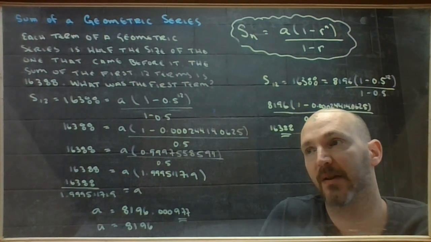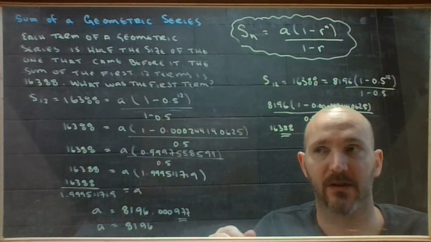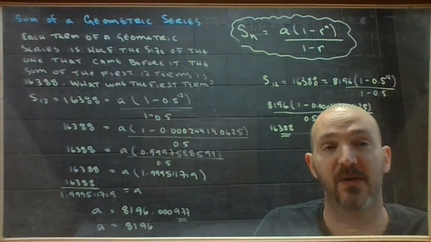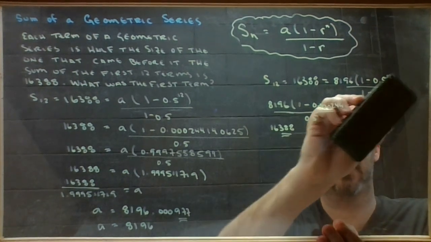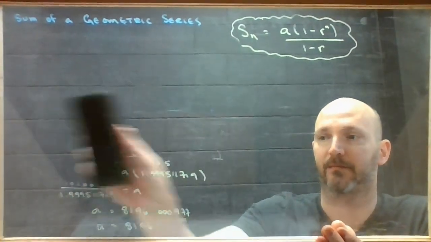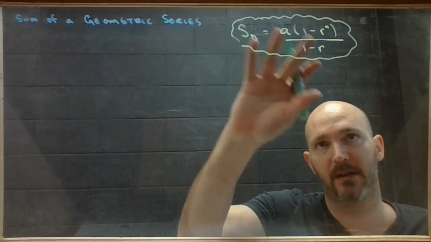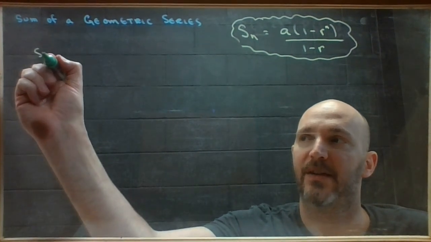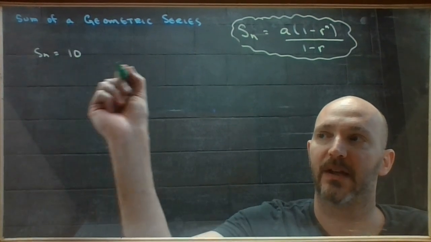All right, so if you know the sum and you know the rate and you know how many terms there are, then you can just use algebra to solve for the first term. Now, I do want to clean this off here and then talk about solving for R. So I'm going to take this equation here and just to get rid of some of the letters, I'm going to let Sn equal 10.